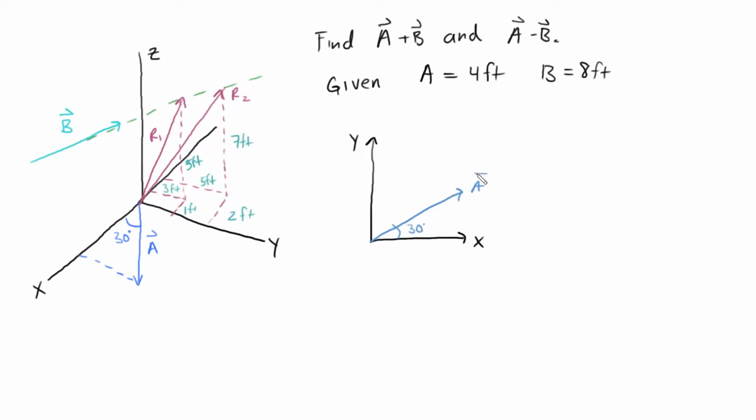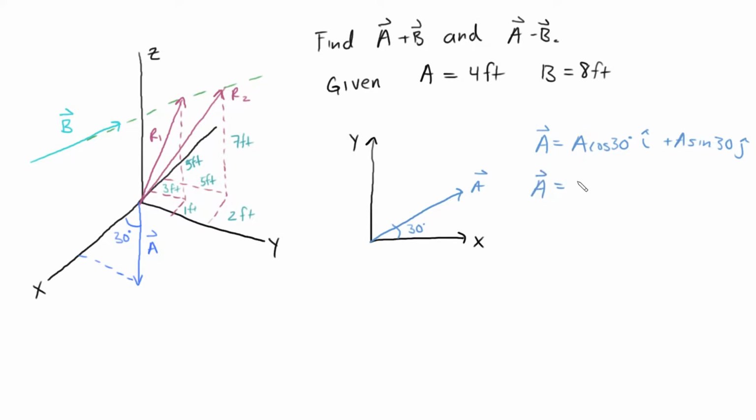So we could define this vector a by using some trig. So it'll be a cosine theta, or 30, and then plus a sine of 30 in the positive direction, since we define x to be positive here and y to be positive there. Now we can just plug in what a is, which is defined to be 4 feet.